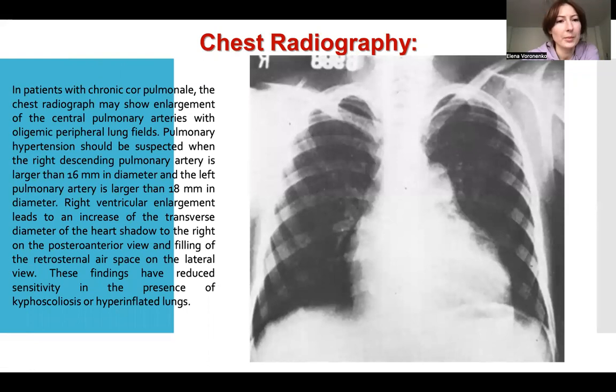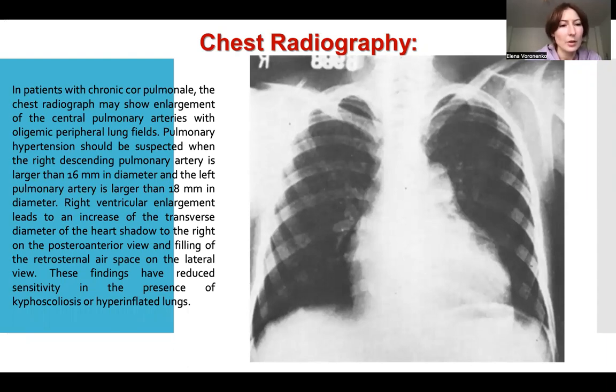Chest radiography. In patients with chronic cor pulmonale, the chest radiograph may show enlargement of the central pulmonary arteries with oligemic peripheral lung fields. Pulmonary hypertension should be suspected when the right descending pulmonary artery is larger than 16 millimeters in diameter and the left pulmonary artery is larger than 18 millimeters in diameter.